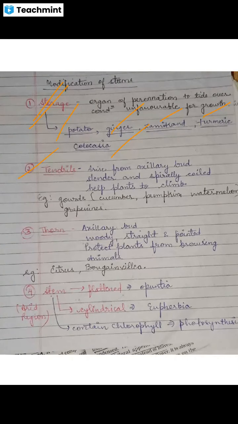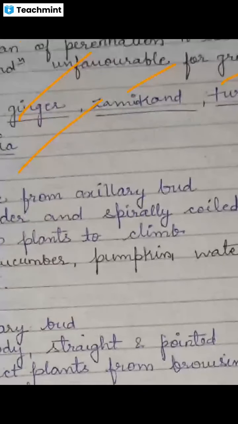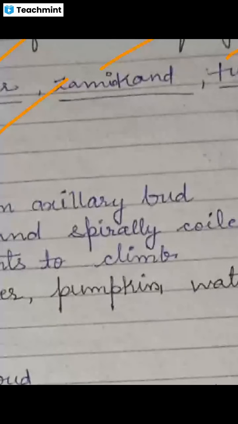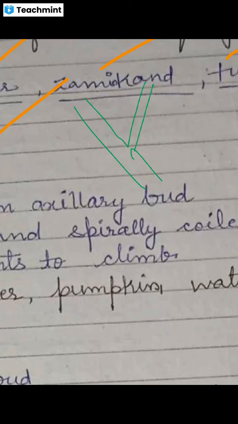See, we have two types of buds. One is the terminal bud and the second is the axillary bud. The difference between terminal and axillary bud: suppose this is the stem. A bud is formed here and a bud is formed here.